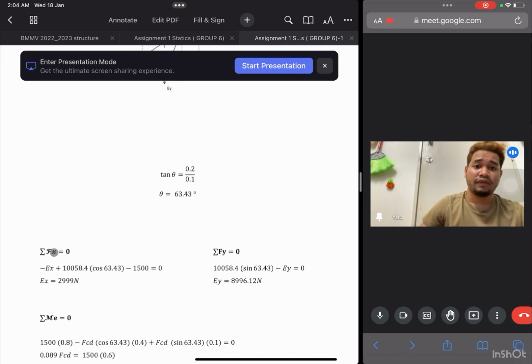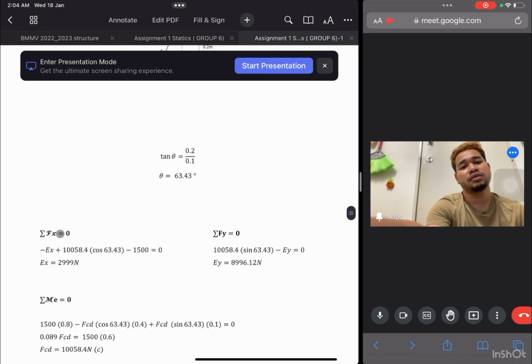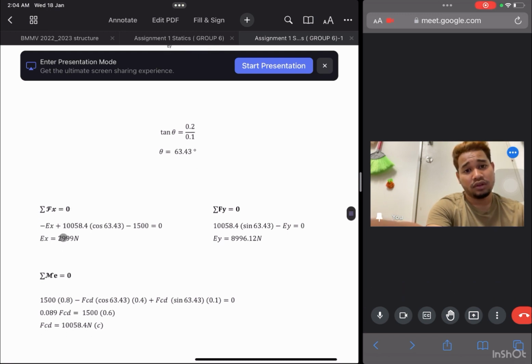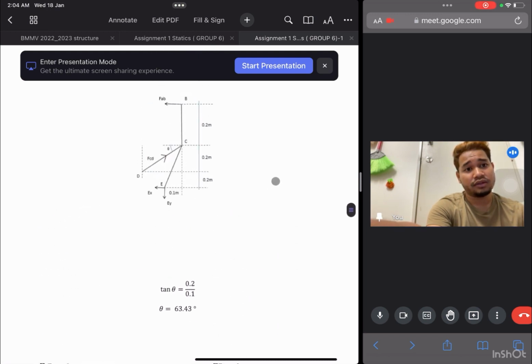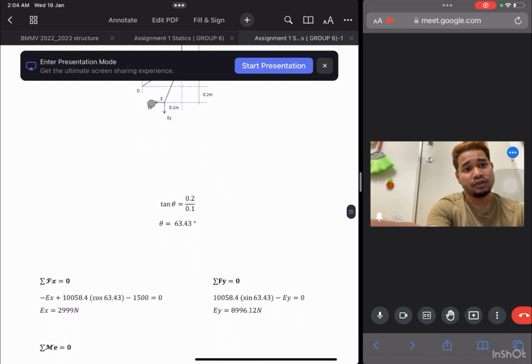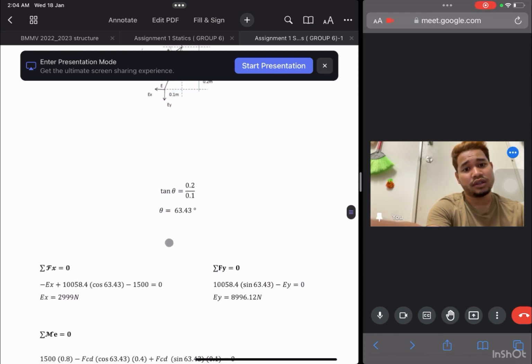So total Fx is equal to 0 and total Fy equal to 0. So we go to the total Fx first. So we got the negative EX here, because it's at the negative side.